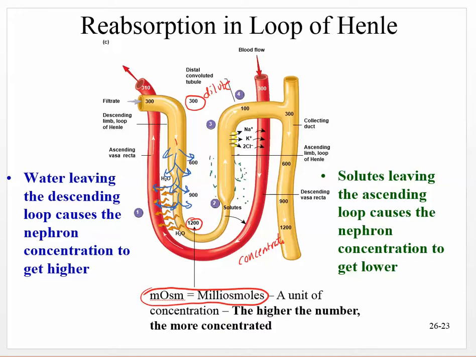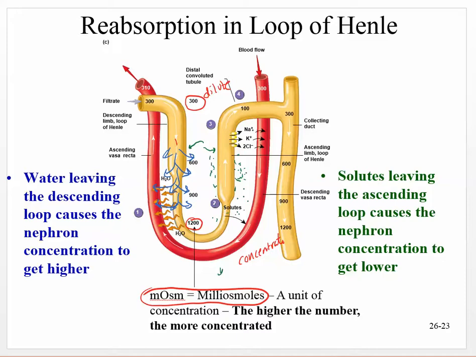But we also said that the concentration is higher down here deep in the medulla and very dilute up here on top. If you look at this, it almost looks like the water's coming out over here, so it should be very dilute on the left side and very concentrated on the right side. But that's not the way it is.